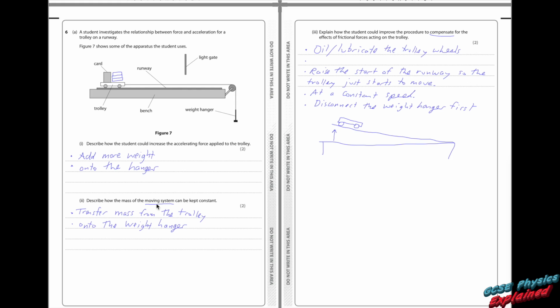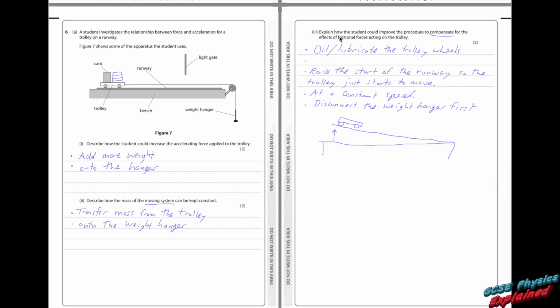And if we're going to keep the mass of the moving system constant, if we're going to add more weight to the hanger, we need to make sure that we're not just bringing weight in from anywhere. We need to take the mass off the trolley and pop it onto the hanger. Okay, it's a standard question. I've seen it lots of times over the last 20 years. So the answer is transfer the mass from the trolley onto the weight hanger.